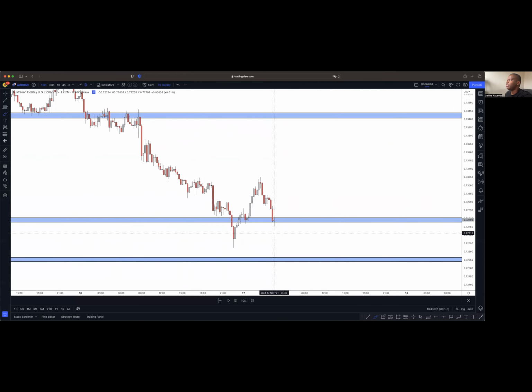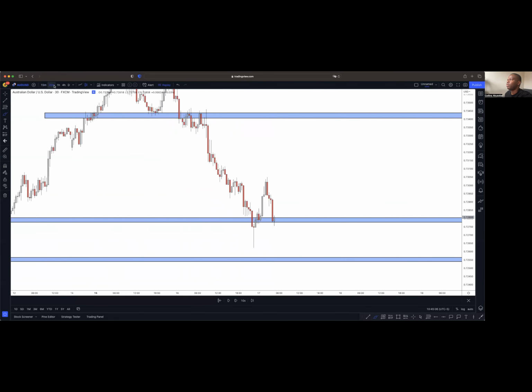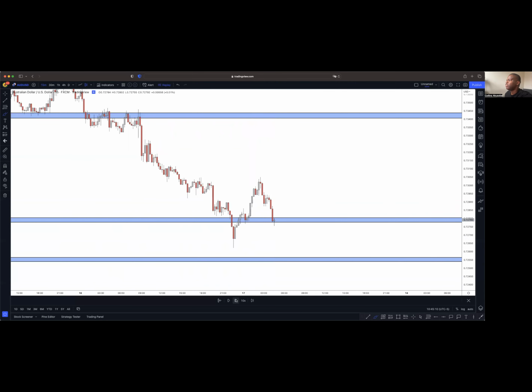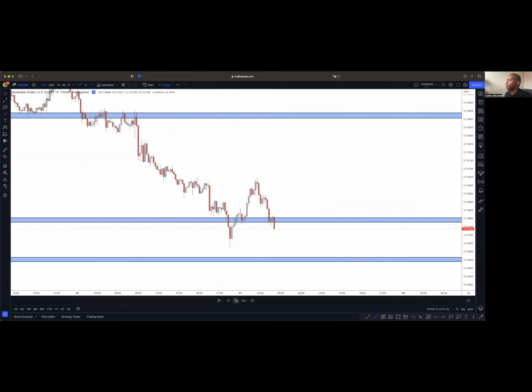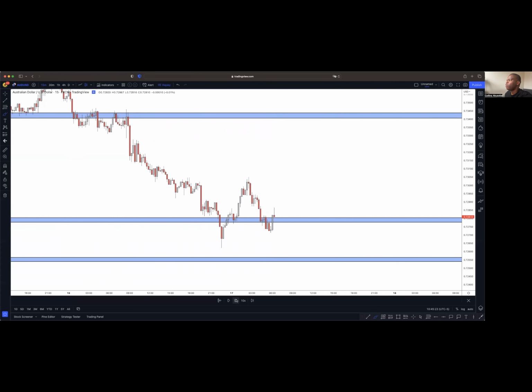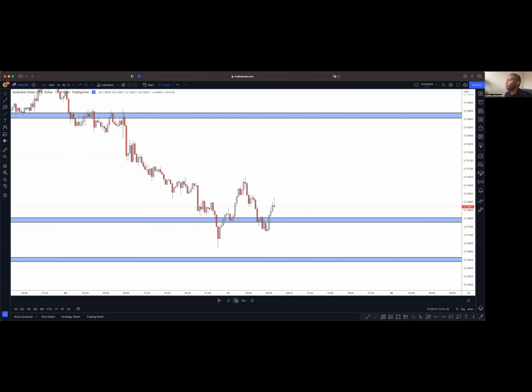You can see price is breaking this point. Price is rejecting. Okay, let's see if we can get a better entry.